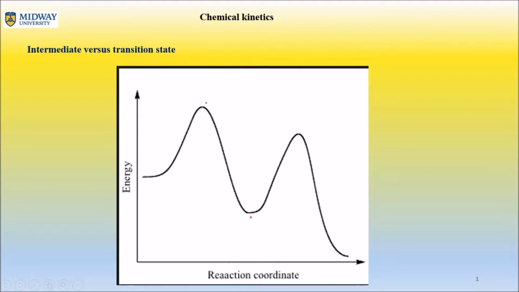So the crests, okay? The crest indicates a transition state. So TS stands for transition state. The trough indicates intermediates. Is that all?